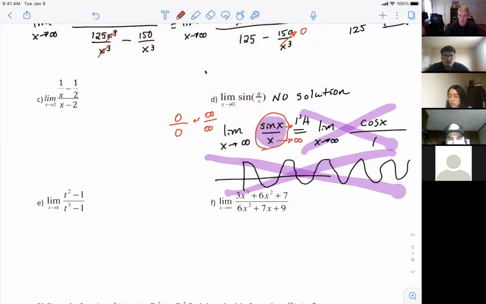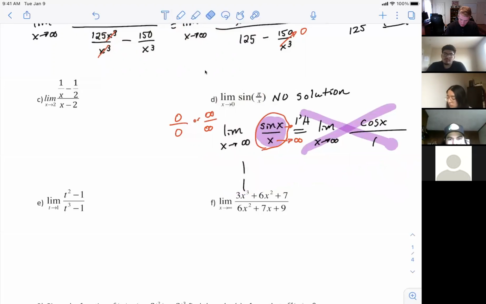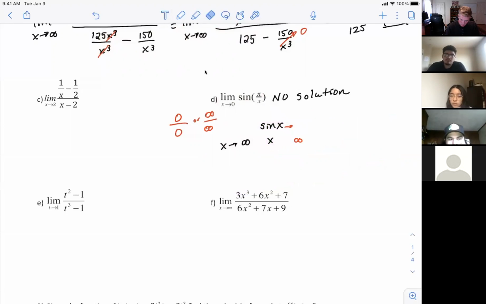So it's not infinity divided by infinity. So you can't use L'Hopital's rule when it's sine of x over x. Okay, so that was extra stuff. Now back to the regular one.